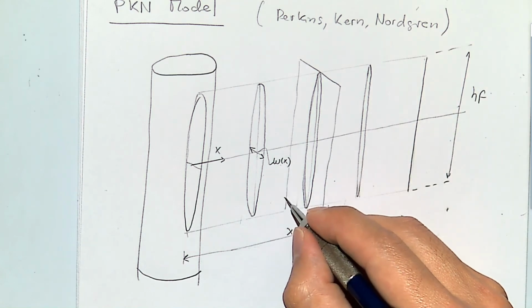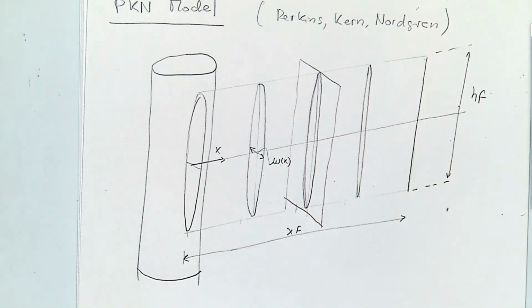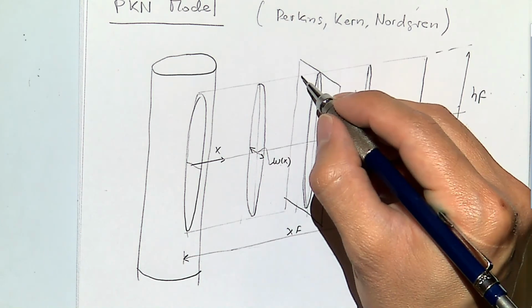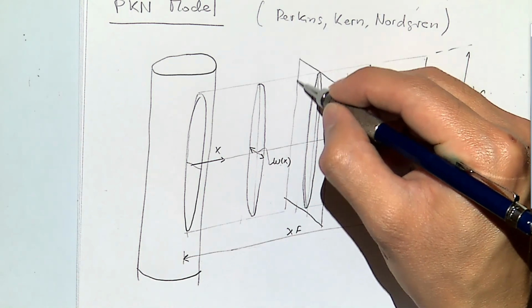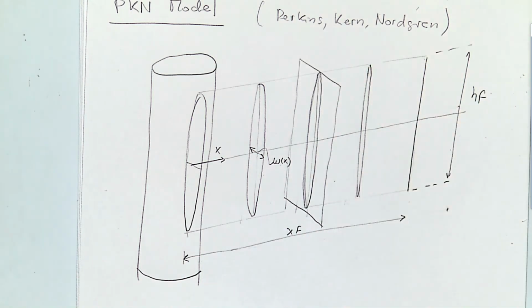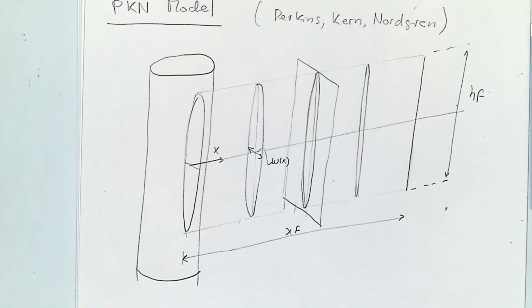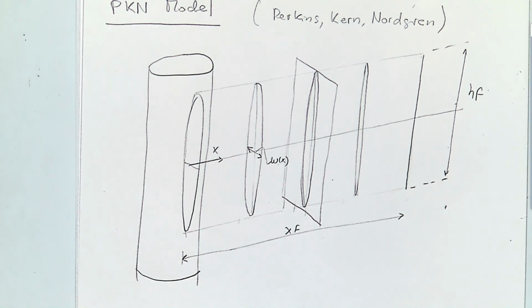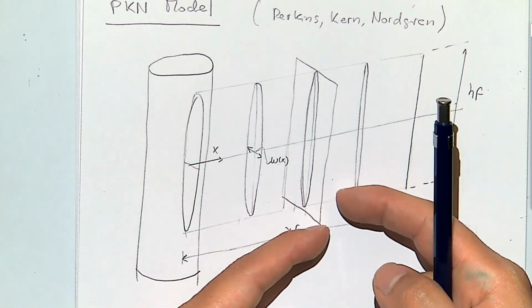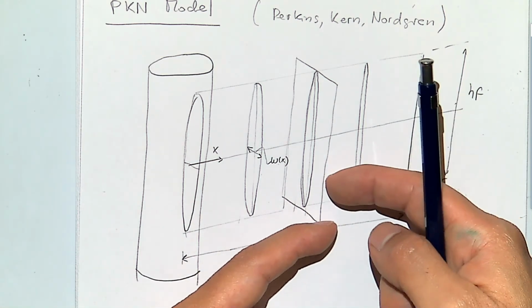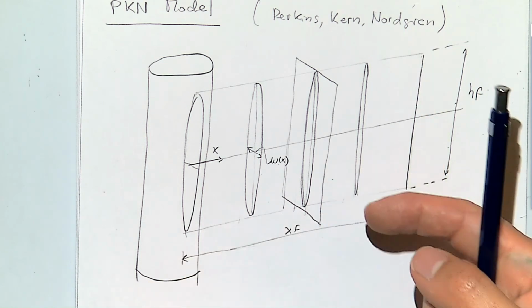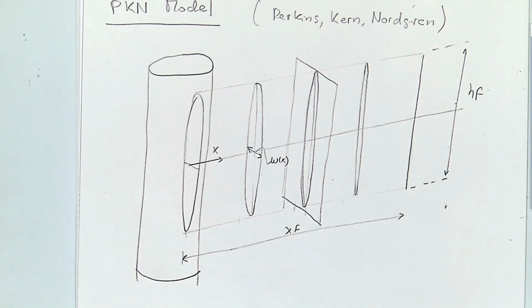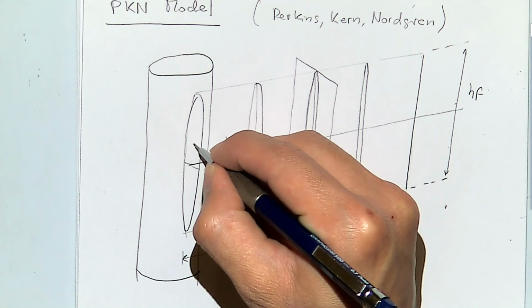So if I take a plane perpendicular to the fracture, this plane is a plane of plane strains, which means that there are no displacements outside this plane. So the rock is not moving in this direction or in that direction. It just moved in direction. Let me complete this.